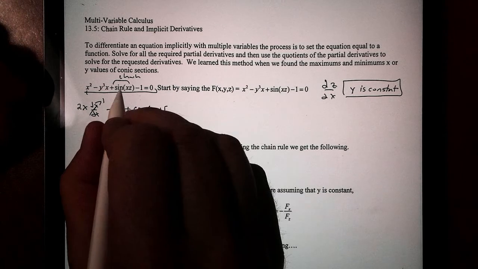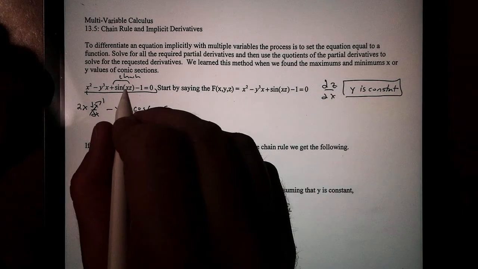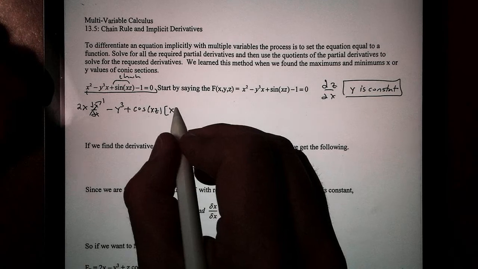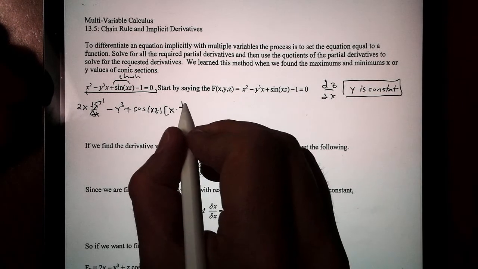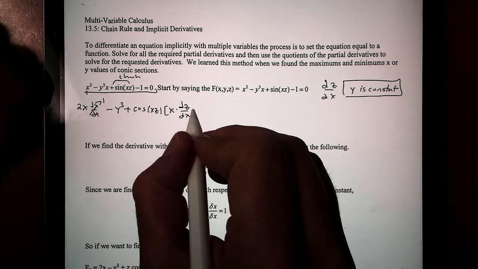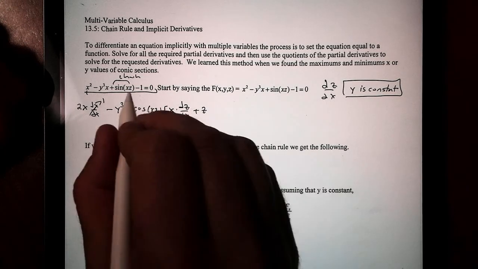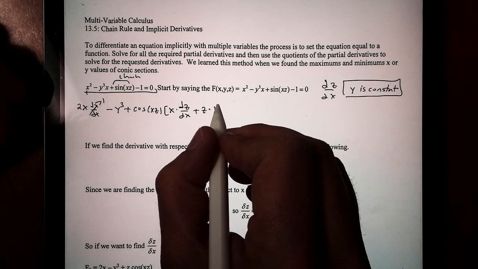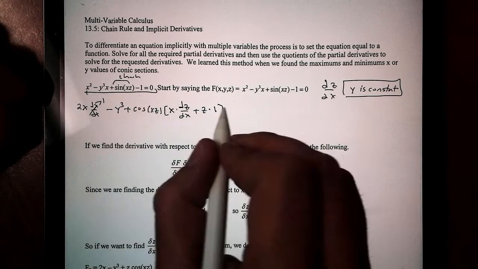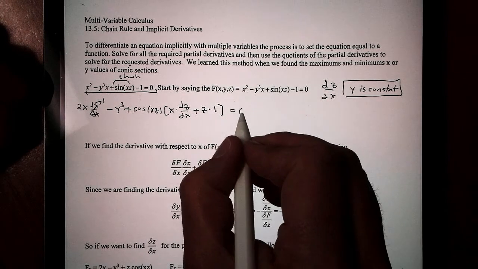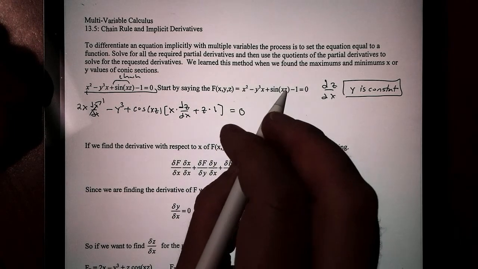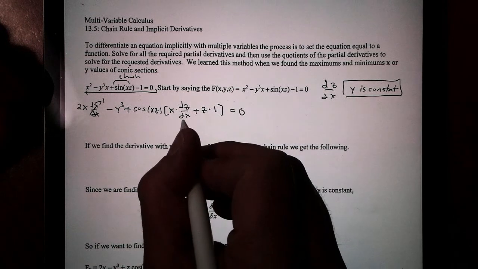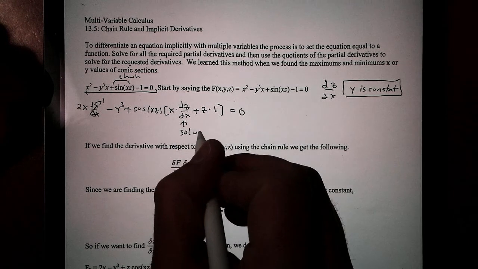Now be careful, we're taking the derivative of z with respect to x. So we do the first times the derivative of z with respect to x, plus the second, z, times the derivative of x, which is just 1. And of course that minus 1 becomes 0, and this just equals 0 right here. Now we have to solve for this dz dx.